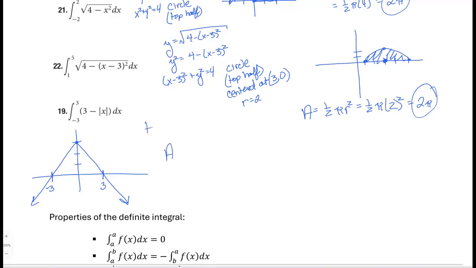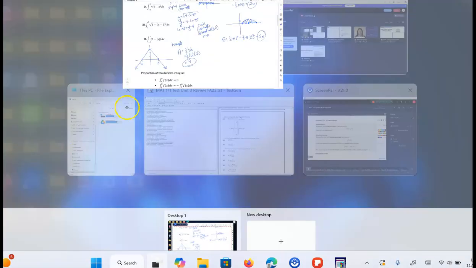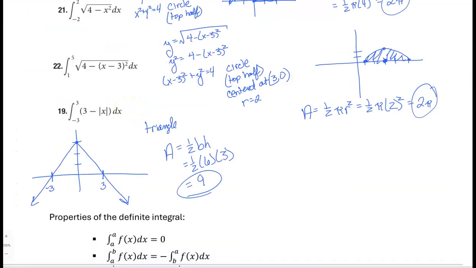We have a triangle. Every triangle is 1/2 base times height. That base is 6 units wide, and that height is 3 units. Then we have 1/2 times 6 times 3, which would be 9. So this guy would evaluate to be 9.